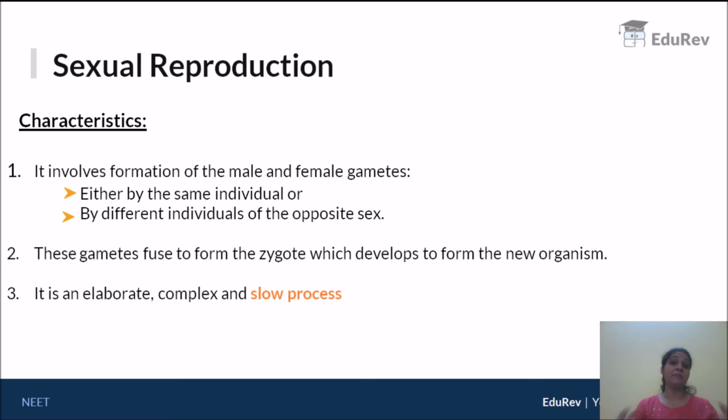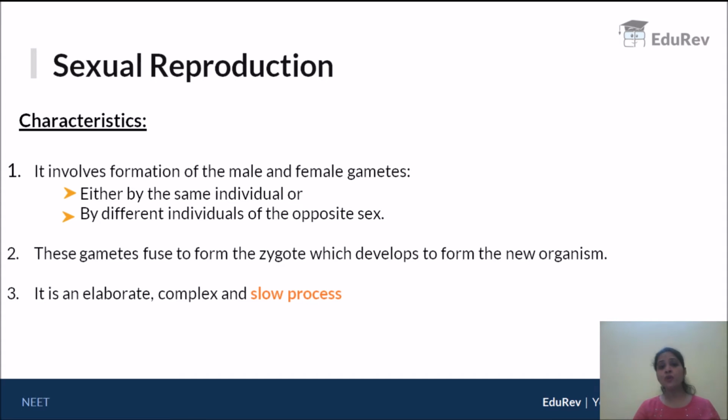After they are transferred, they must fuse. In other words, fertilization must take place. That zygote must grow into a fetus, and then an offspring, and that offspring must grow into a fully grown individual. So it is a very slow process as compared to asexual reproduction. So elaborate, complex, as well as slow.